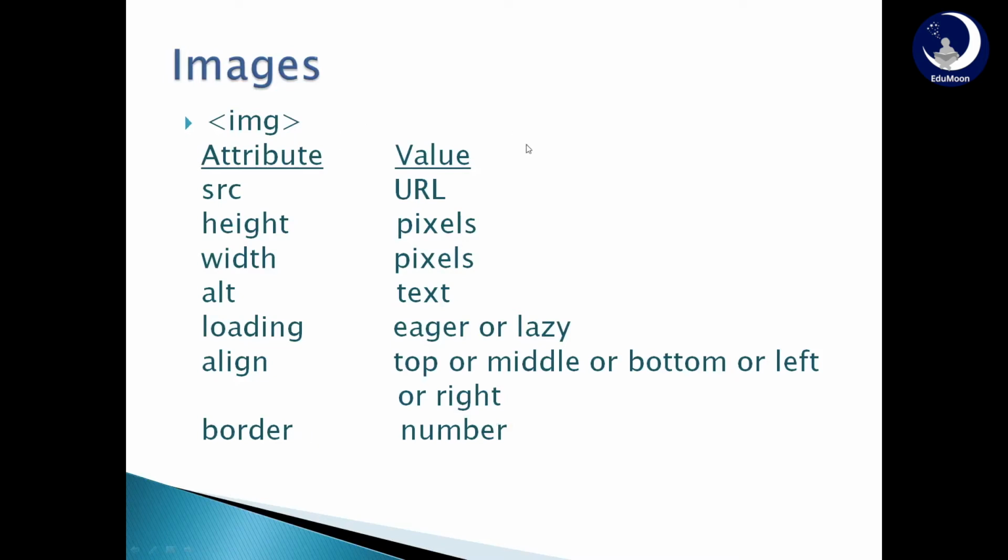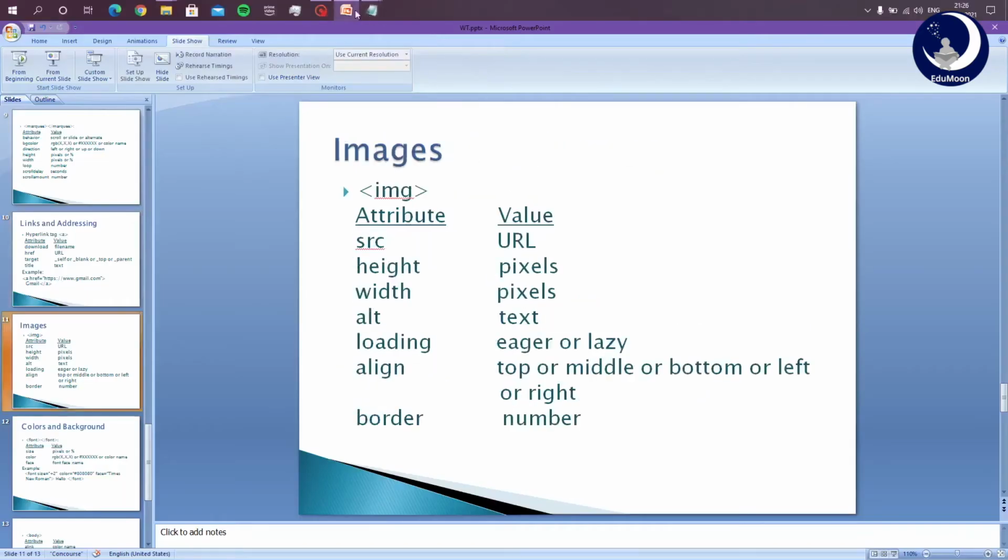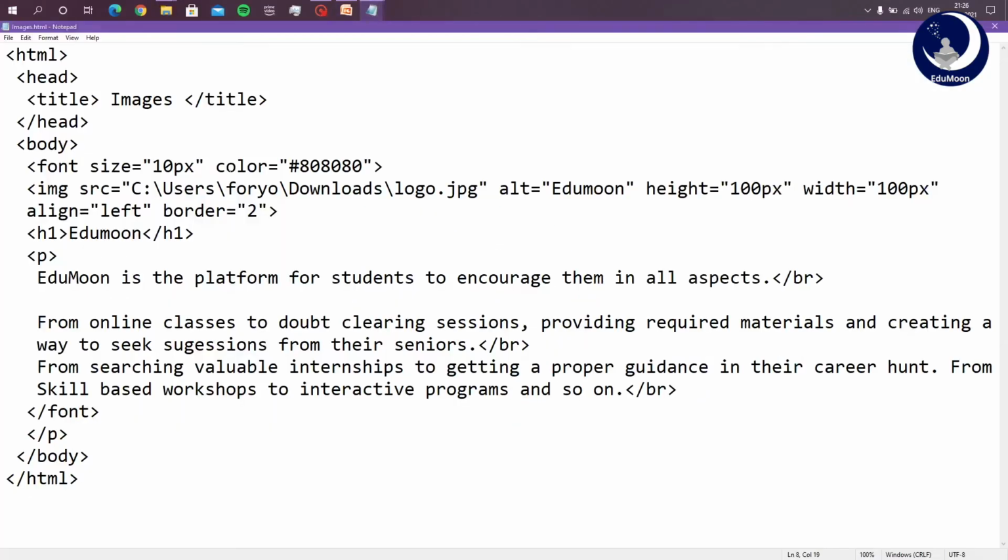Let us see an example to understand how the image tag is used in HTML. In this page, first an image is displayed, then the heading called EduMoon, and then a paragraph which describes EduMoon.